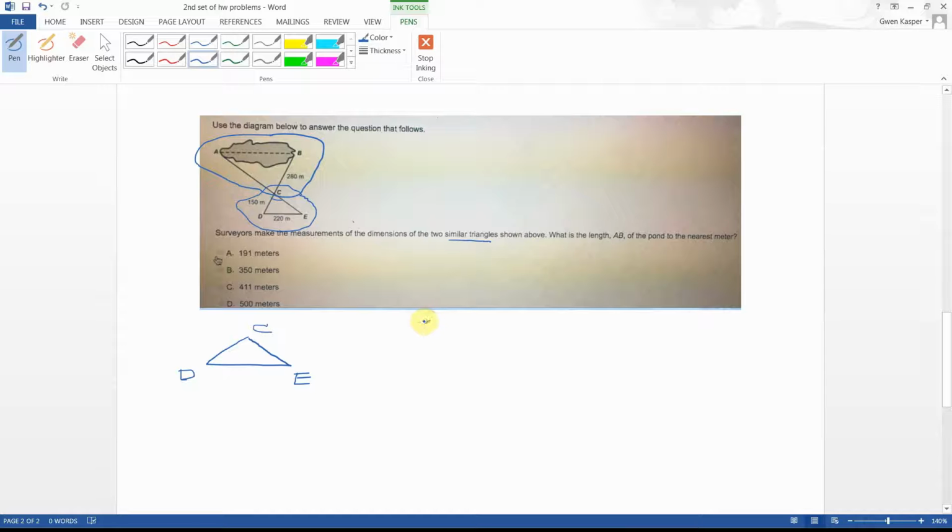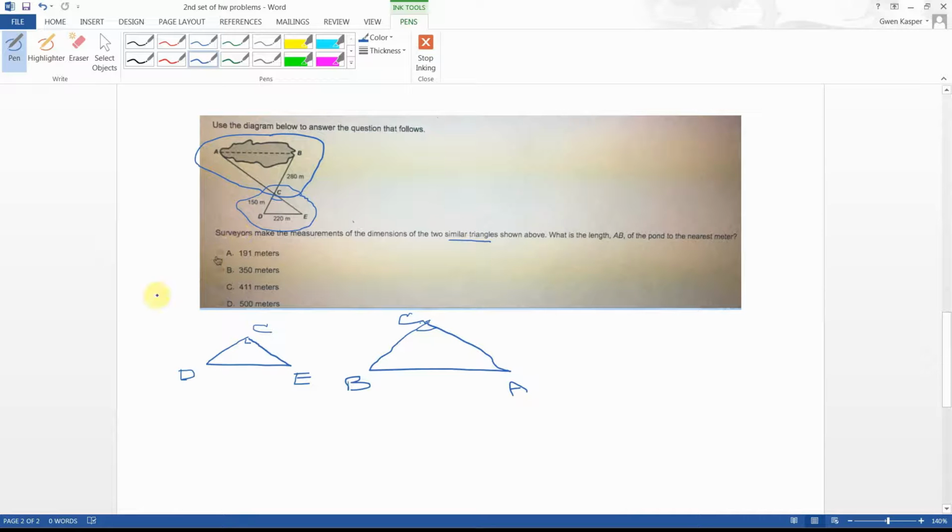So it's going to be C up here, B, A. These angles are congruent. D and B are congruent, E and A are congruent.